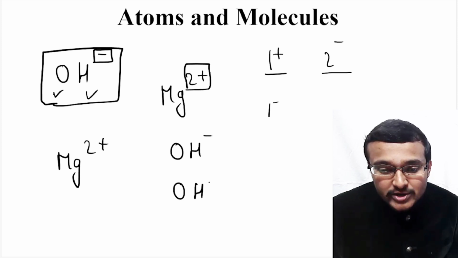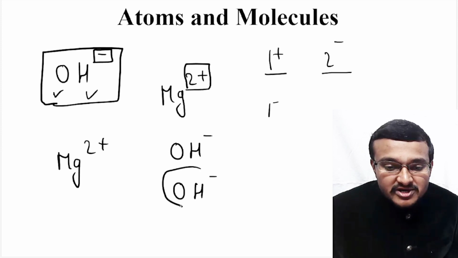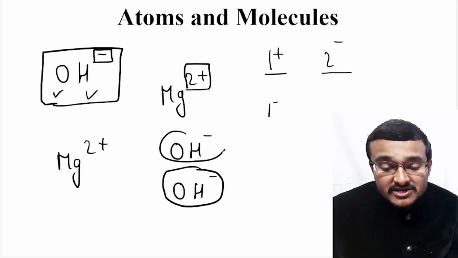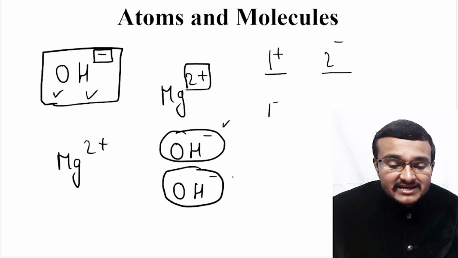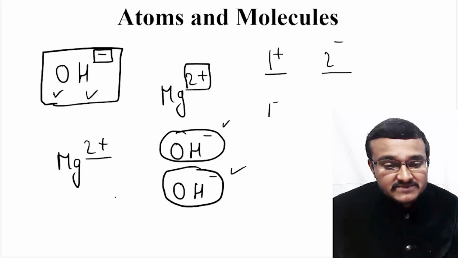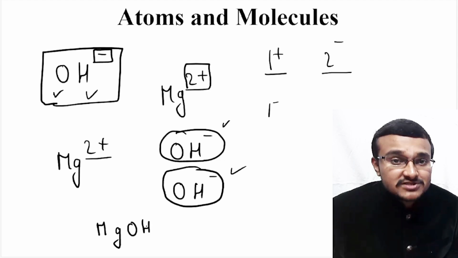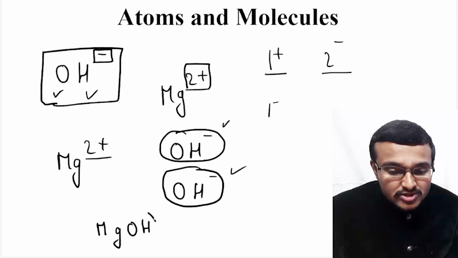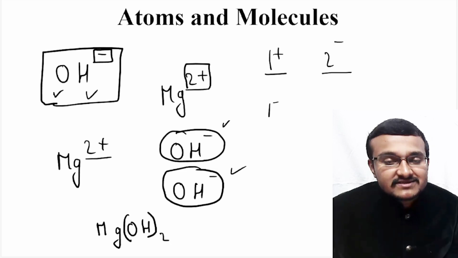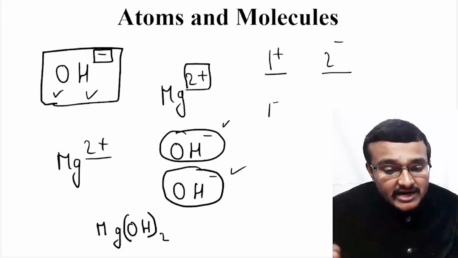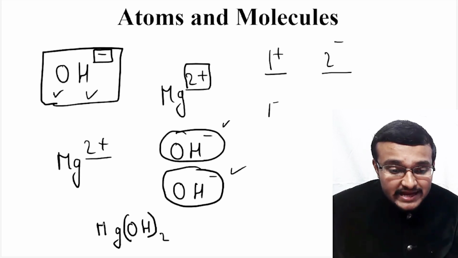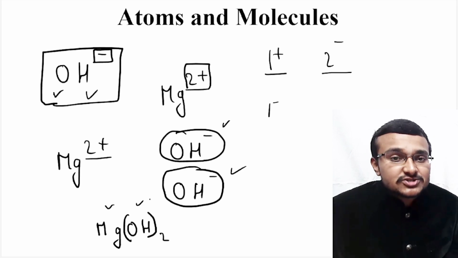So you should consider 2 OH ions, and the 1 minus and 1 minus charges will get cancelled with the 2 plus charge of Mg, and there will be a stable bond formation. And when you are taking 2 OH ions, at that time you should put a bracket around the OH and write 2 after the bracket at the bottom. So Mg(OH)2 should be written.